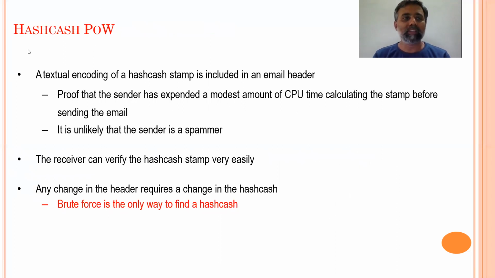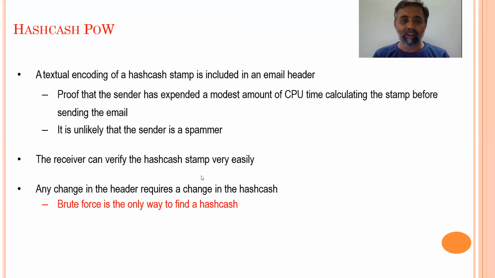So let's talk about this hashcash proof of work concept. A textual encoding of the hashcash stamp is included in an email header, as proof that the sender has expended a modest amount of CPU time calculating the stamp before sending the email. It is unlikely that the sender is a spammer, because they have to expend a modest amount of CPU time for calculating that.